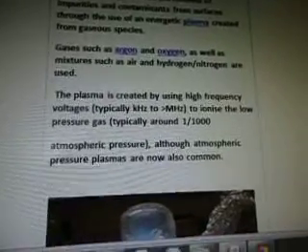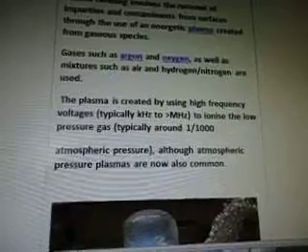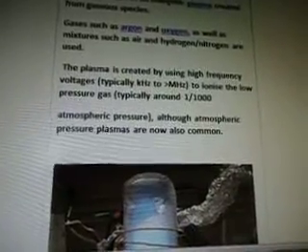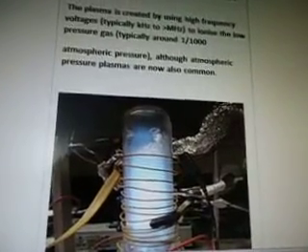Gases such as argon and oxygen, as well as mixtures such as air and hydrogen and nitrogen, are used. The plasma is created by using higher frequency voltages, typically kHz to MHz, to ionize the low pressure gas, typically around 1 to 1000 atmospheric pressure, although atmospheric pressure plasma are now also common.